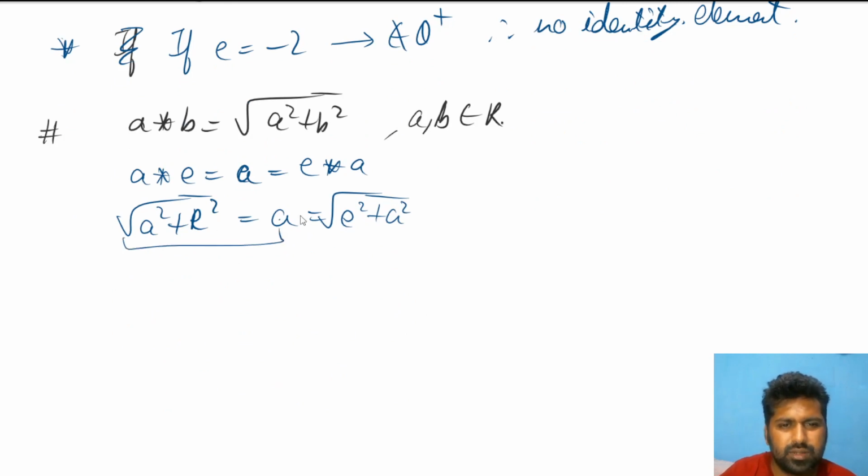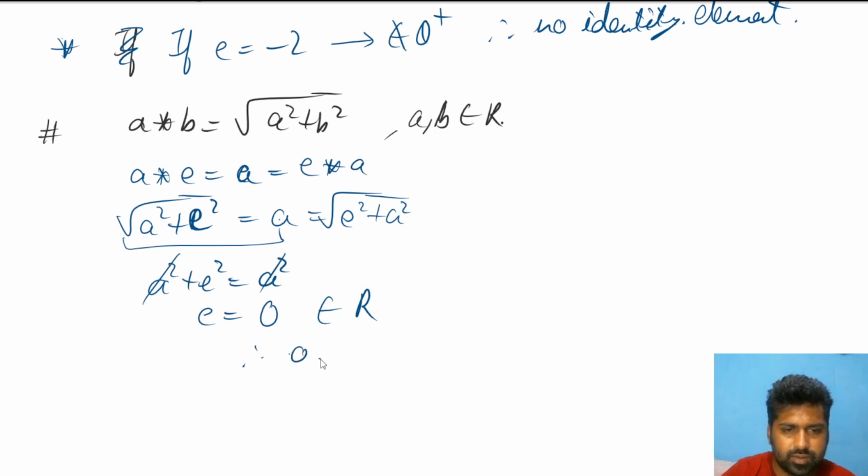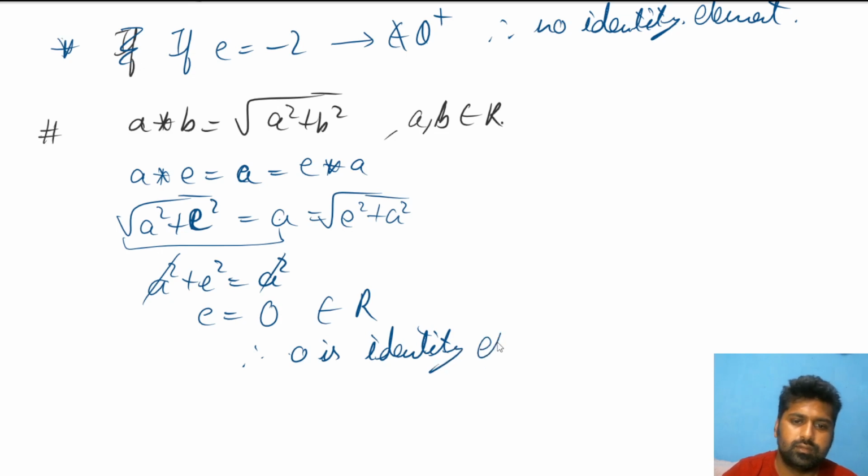We have to solve these two only because these are same. So a square plus e square is equal to a square. So a square cancel, e is equal to 0. Before writing that as a final answer, this is belonging to R, therefore 0 is identity element. All they have to do is write here R0. R0 means all real numbers but not 0. In that scenario, this will not be the answer then.